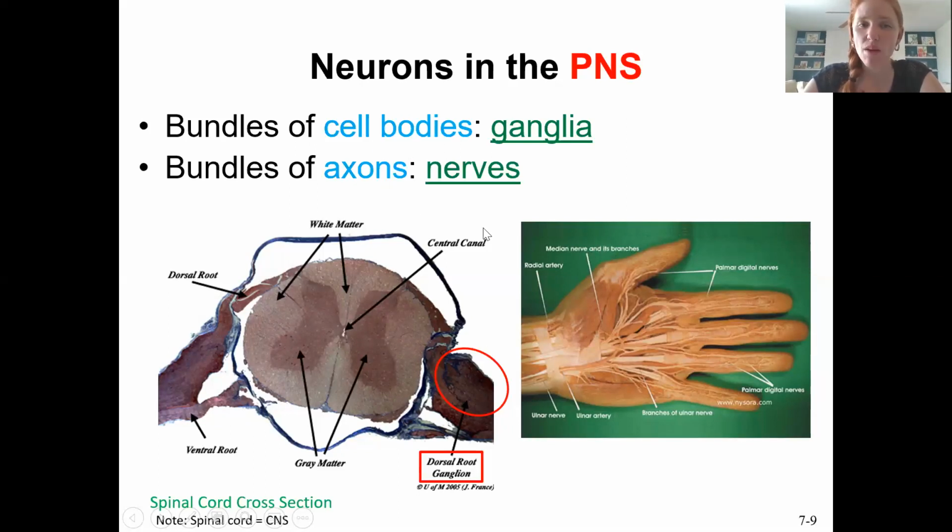Now, coming off of the ganglion, you'll see nerves, and you can see all of the nerves in this picture here, the things that look a little bit like cords or maybe like really thick dental floss. Those are nerves, and those are bundled axons in the peripheral nervous system.